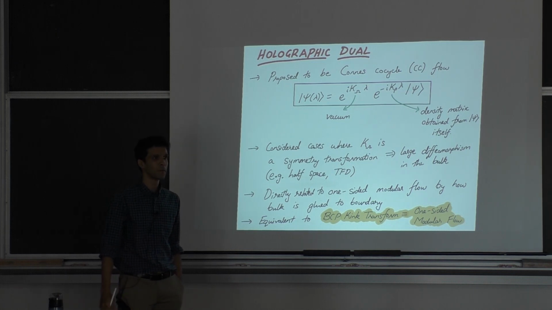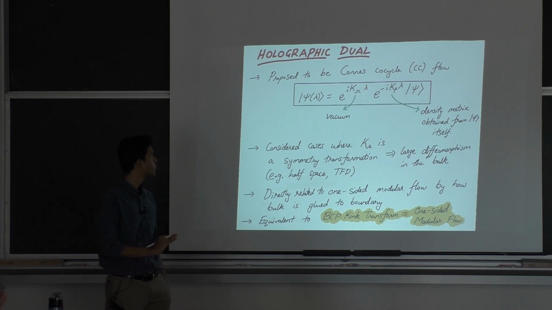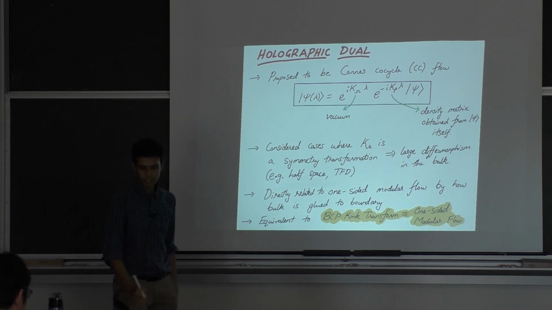But it's not approximate in the sense of deviations from a geometric modular Hamiltonian. It's totally okay for these to not be geometric, right? K omega and K rho. Well, K omega we need it to be geometric, but K rho not necessarily so. Because we're looking at these special cases where K omega is geometric.